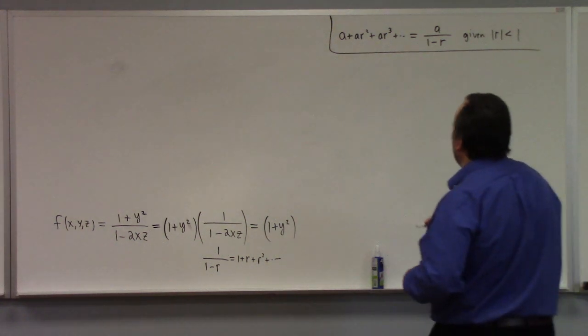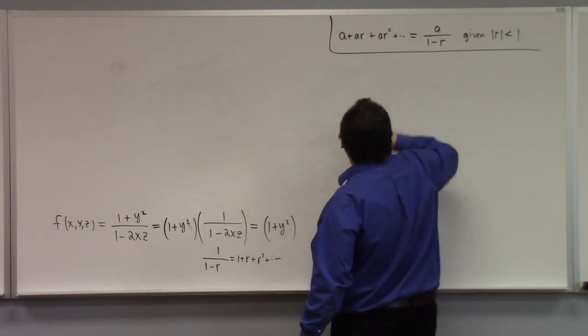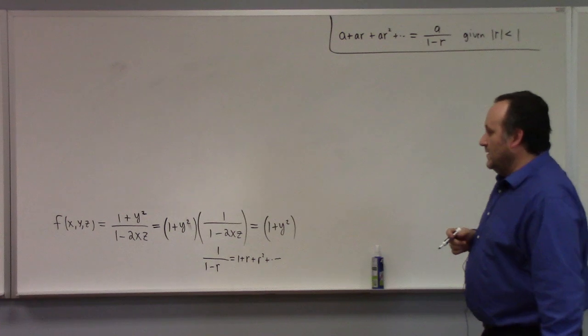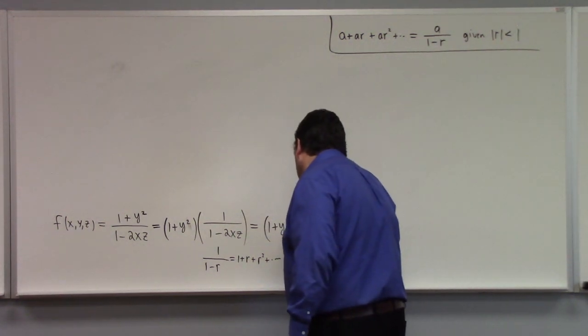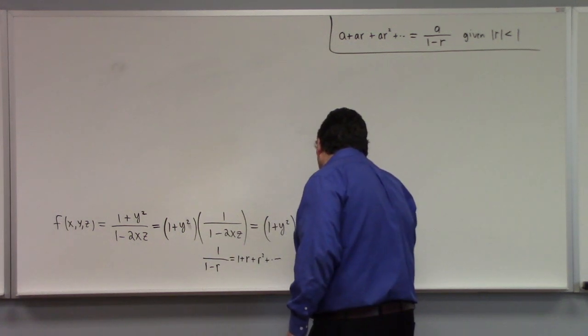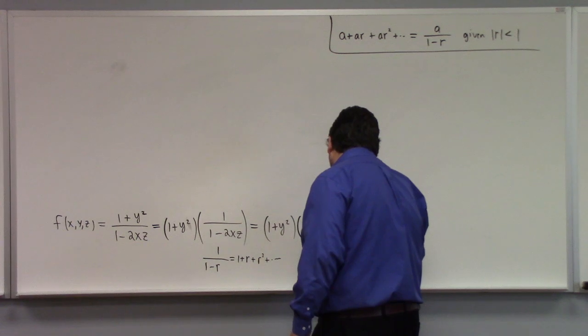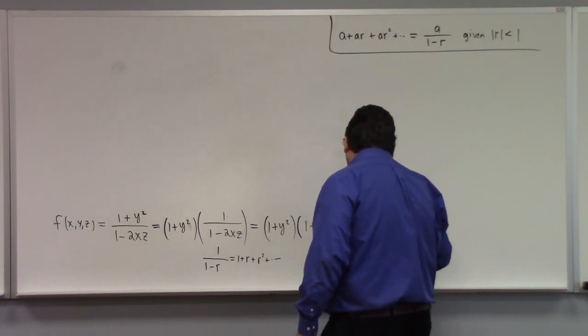Oh, yeah, I don't know what's wrong with me. There we go. Thank you. Okay, so great. So this is 1 plus 2xz plus 4x squared z squared plus stuff that's higher order than I care about.